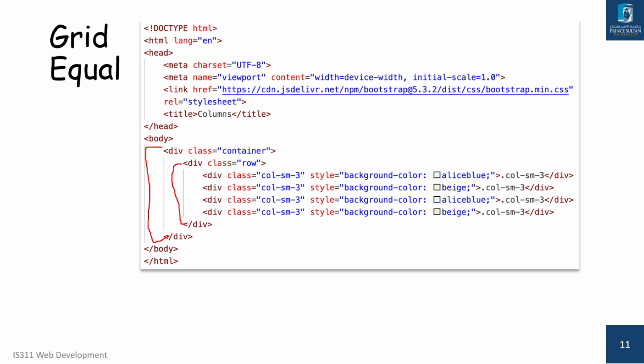When I say column dash small dash 3, I am saying that the contents of this div should be shown in 3 columns. We combine 3 columns because we have a total of 12 columns. Remember? So 3 columns show this information.